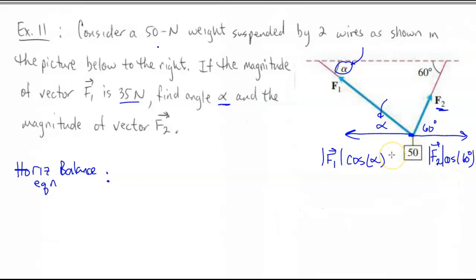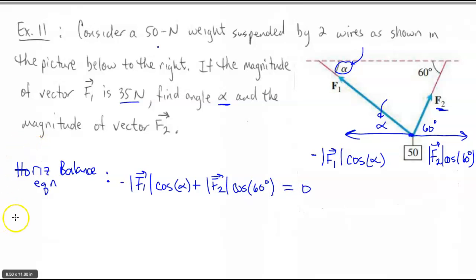And because this force on the left side is considered to be negative, I'll go ahead and put a minus there. And we're just going to say here that minus force on the left side plus the force on the right side, those two things would have to equal 0.